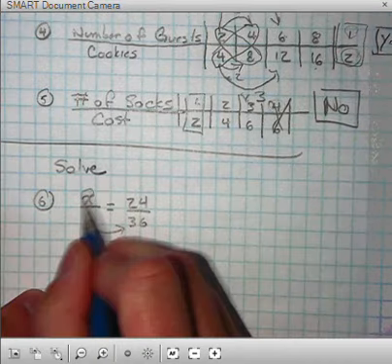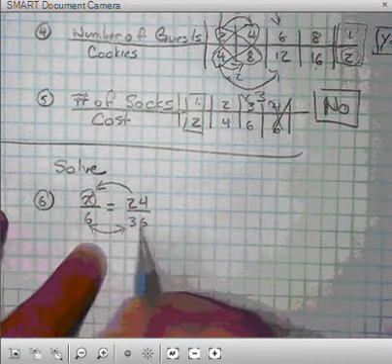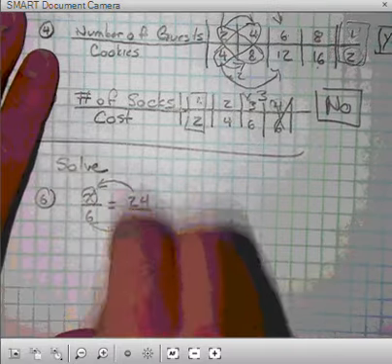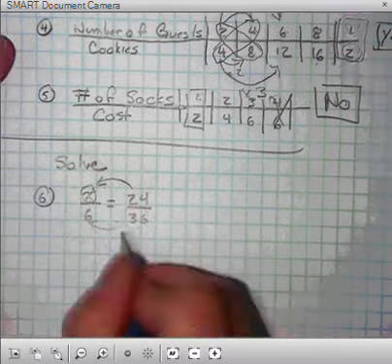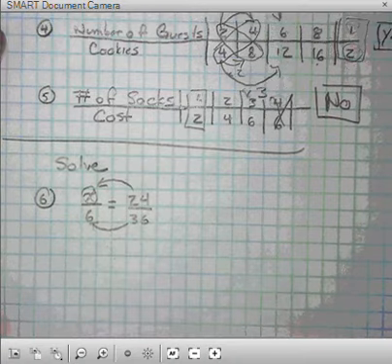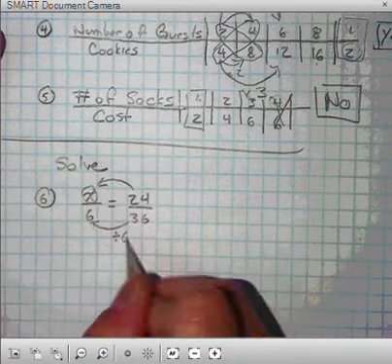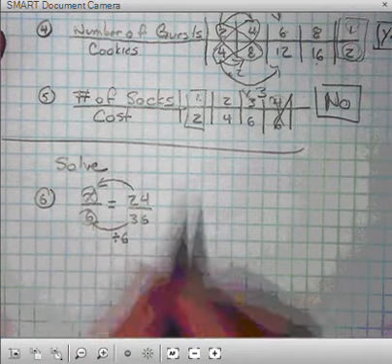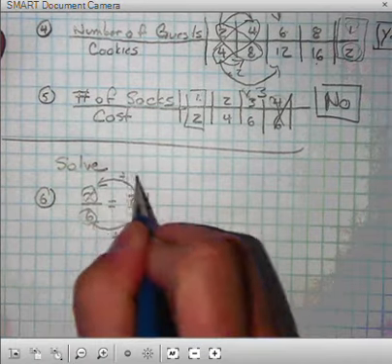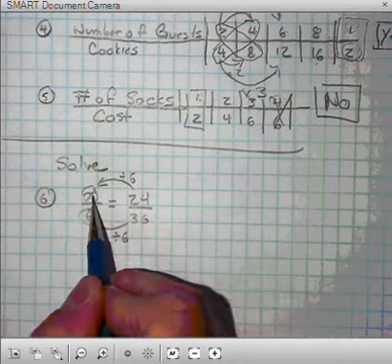So this is my unknown. I need to figure out what that number is. So if I do 36, I need to go in the other direction. What do I need to do to 36 in order to get 6? Divided by 6. So if I divide that by 6, it'll give me that 6. That means because this is a proportion, if I do 24 divided by 6, it'll give me that unknown.